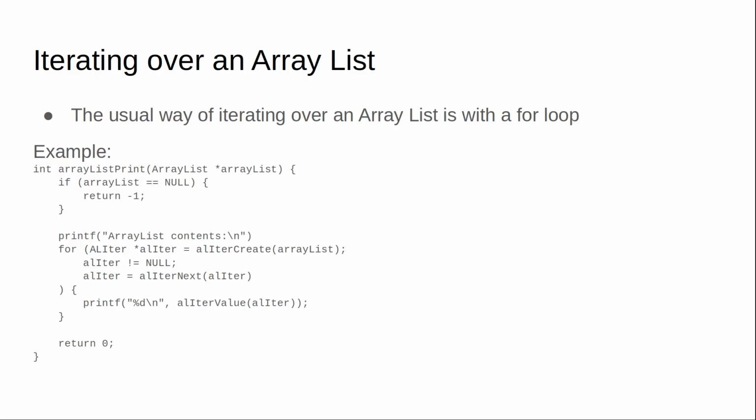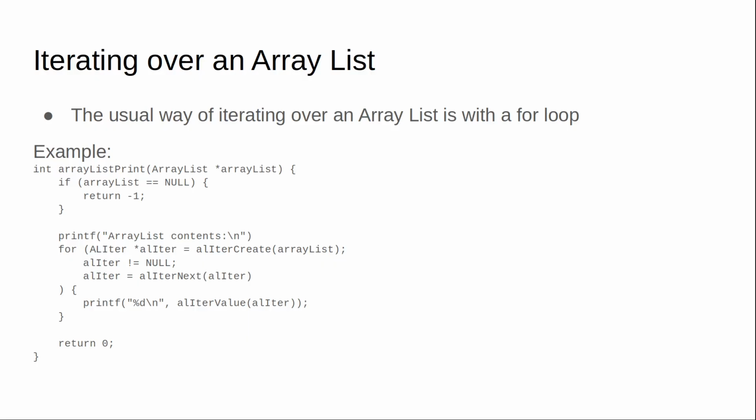And remember what this function does here. It updates the state of the iterator to point to whatever the next value is going to be. And if it detects that that value would be beyond the end of the list, it destroys the iterator and returns null.